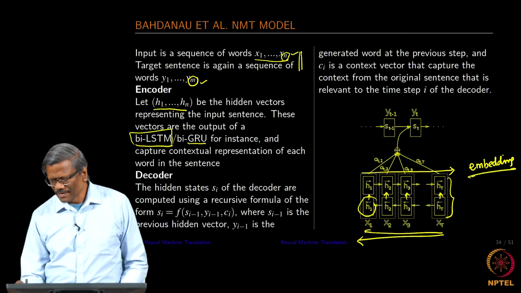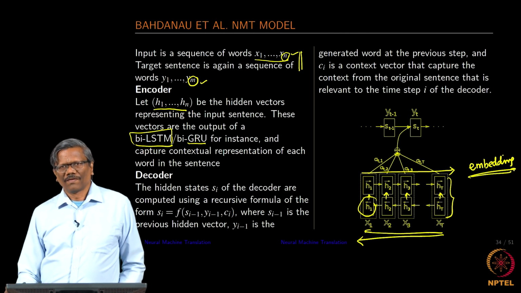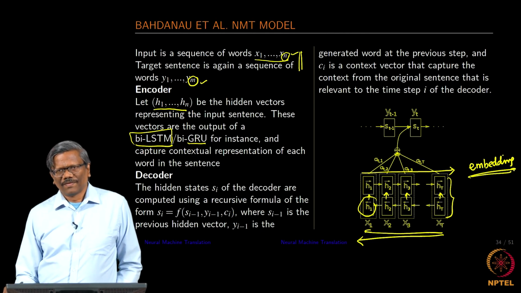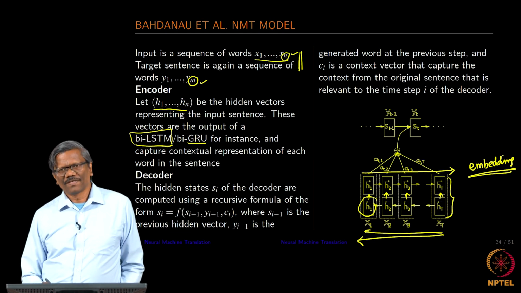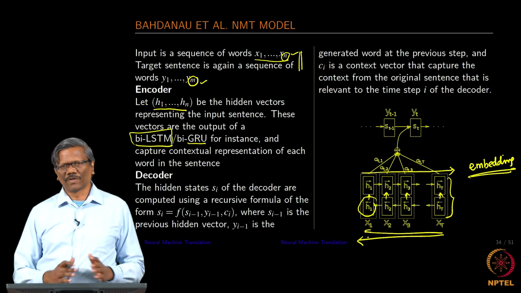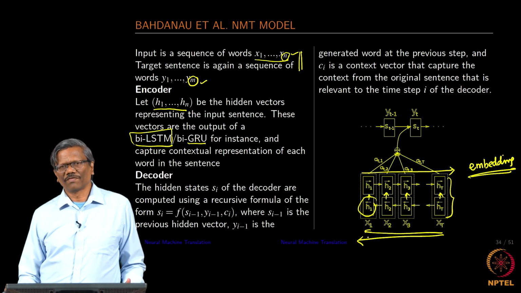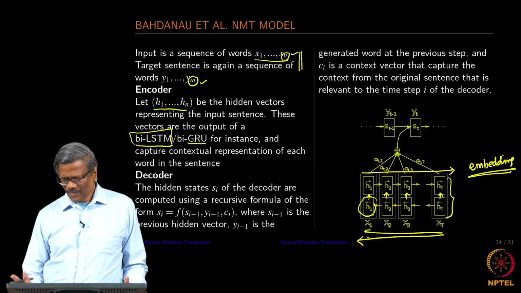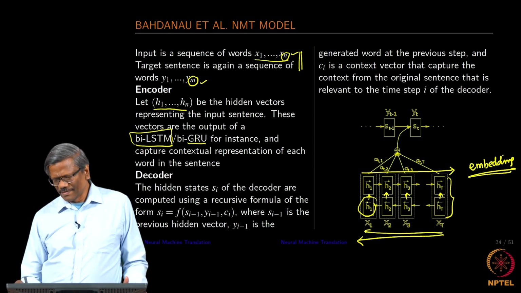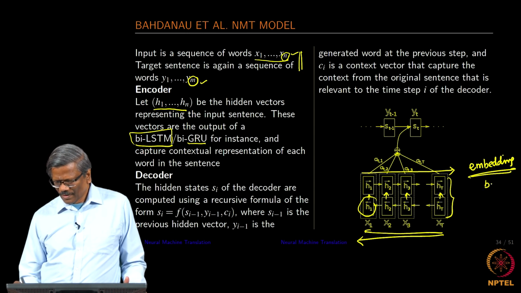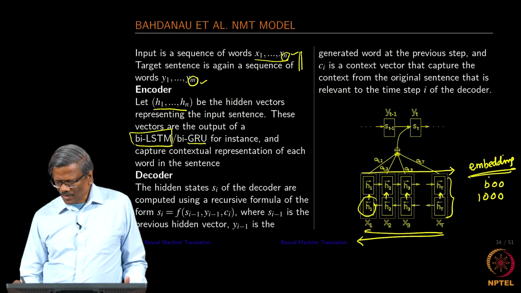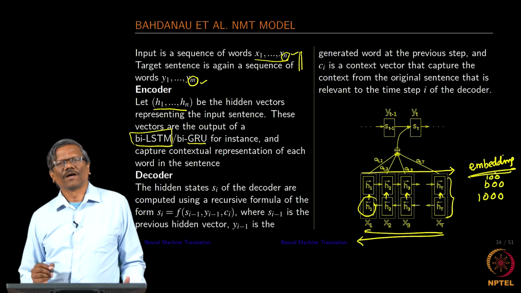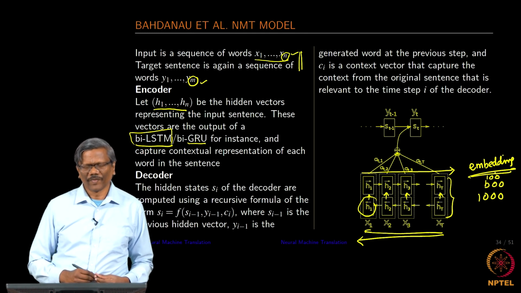Embedding is nothing but the vector that represents the word, and not only that word, it also represents the contextual information related to the words in the entire vocabulary. That is what we are going to be feeding. Some embedding sizes would be about 600, some use 1000, or you can also use as low as 100 as the length of the embedding vectors.